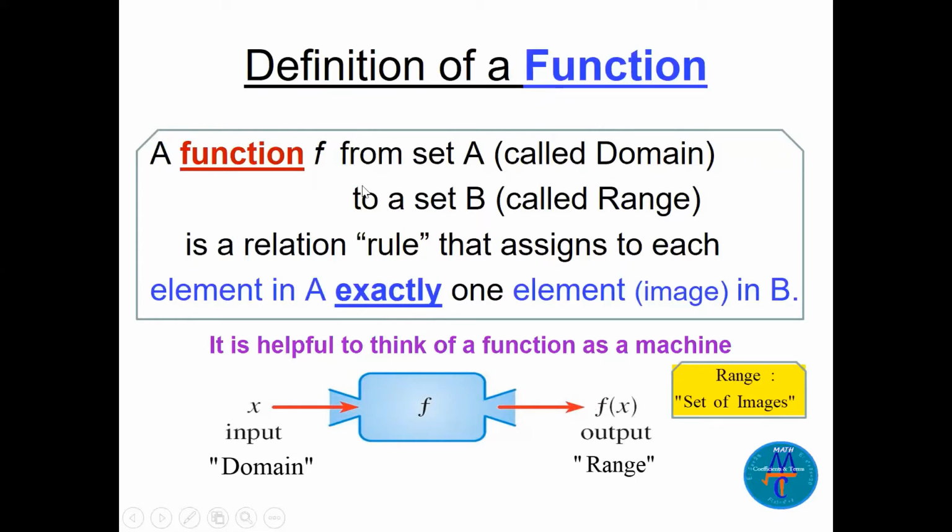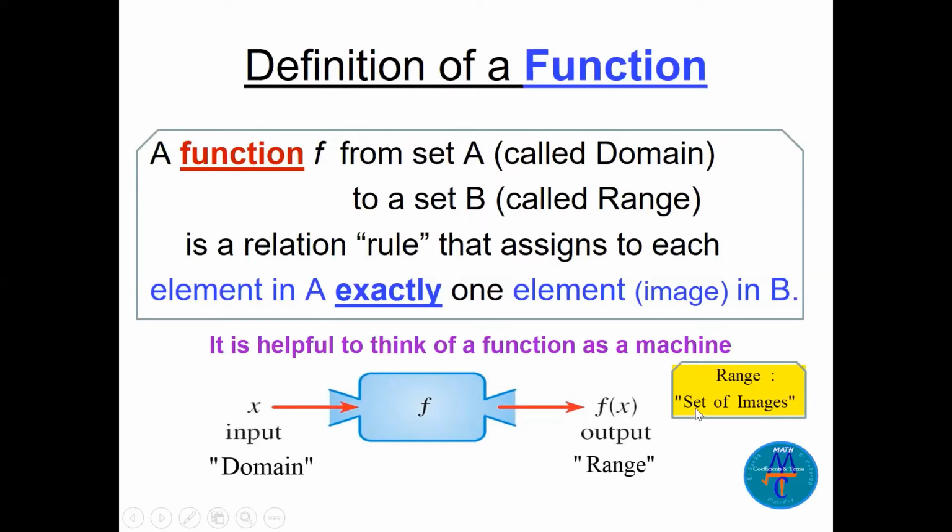So the function from set A to set B is a relation, which is a rule, that assigns to each element in A exactly one element in B. Exactly, every x in A has exactly one element in B. Now the element in B, we call it the image.